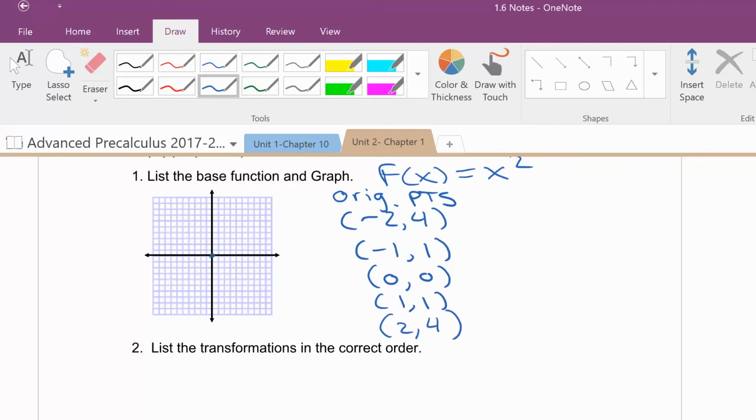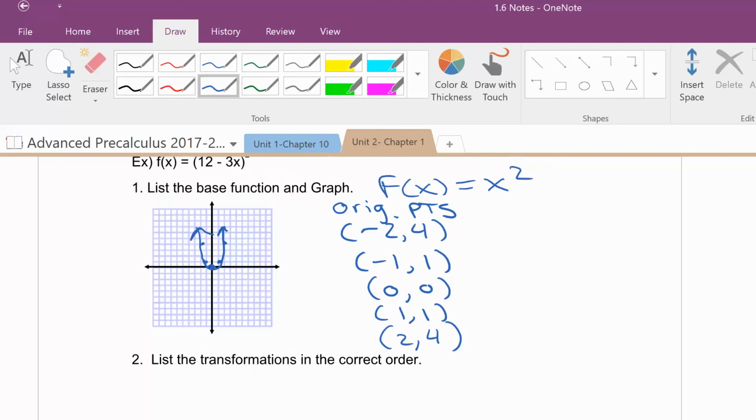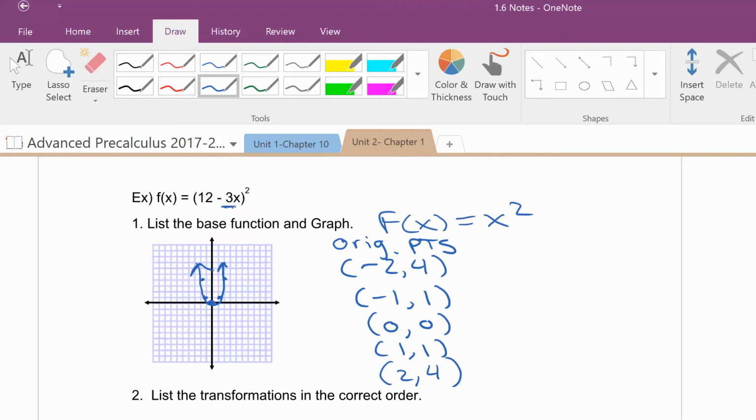When you graph the original graph, it looks something like this. It's a parabola.